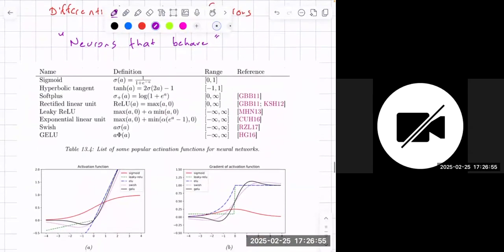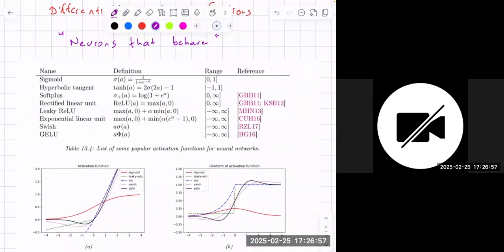So I'll show you a whole bunch quickly, then I'll show you fewer that I keep in my mind. I don't keep all these activation functions on top of my head, but these are the common ones. I call them neurons that behave, meaning that these are activation functions that are differentiable. If they're going to spike, you feel they're going to spike. Okay? That's how it is. So these are common activation functions you will see replacing that Heaviside 0, 1 bit.